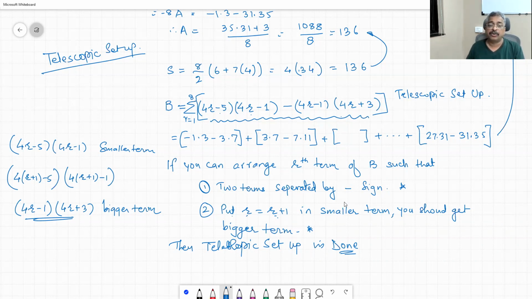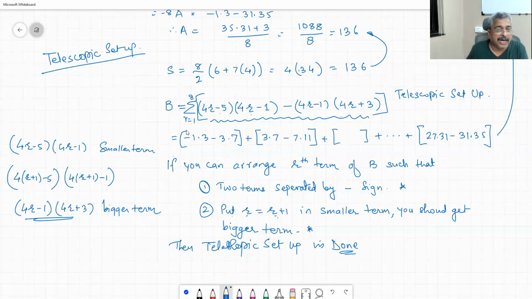But initially you need to understand this, and all the earlier problems also can be written exactly like this, and you will observe that if you substitute r is equal to r plus 1 in the smaller term, you get the second term which is bigger, and if they are having a negative sign in between, then the collapse is going to take place.